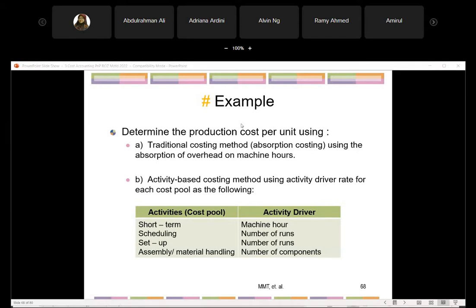We have three major costs, and one of them is overhead.